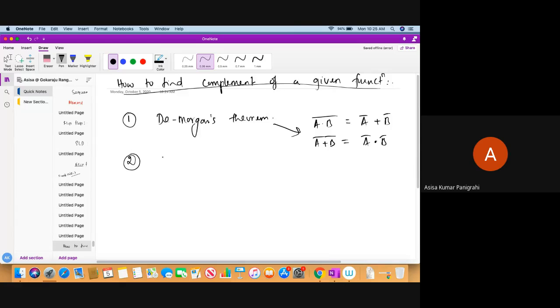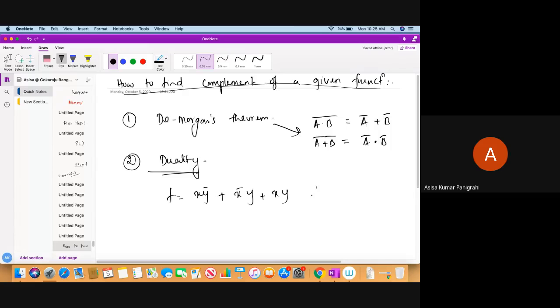Second one, we should know duality. I have already told you how to find duality. Using duality, how to find the complement. Okay, so a function is given to you, and you need to find the duality of the given function. Let's say the function is something like x y bar or x bar y or x y. Let's say this is the function.